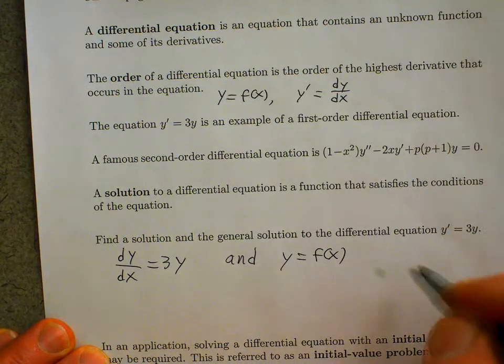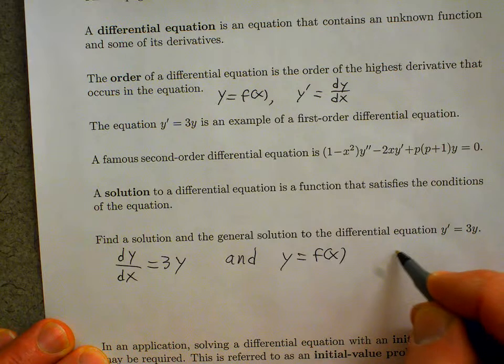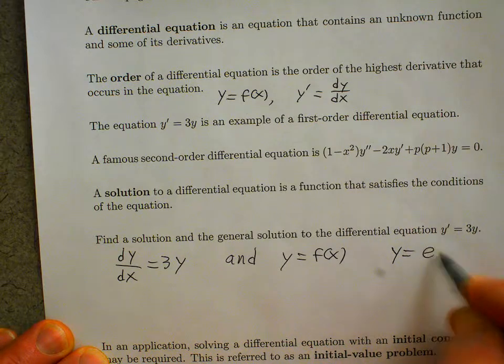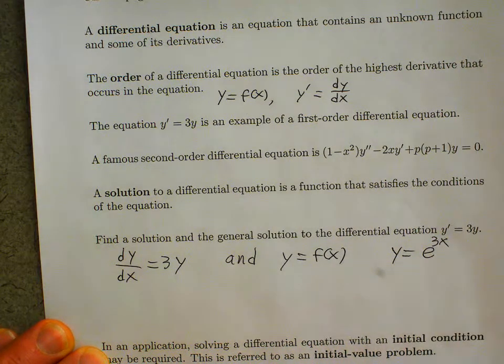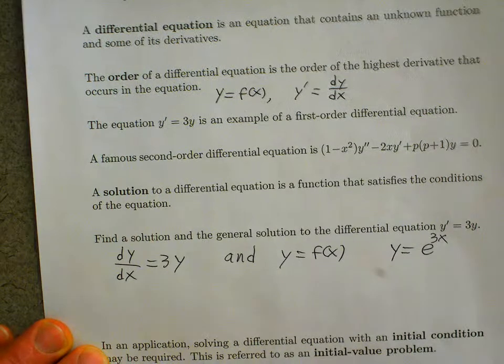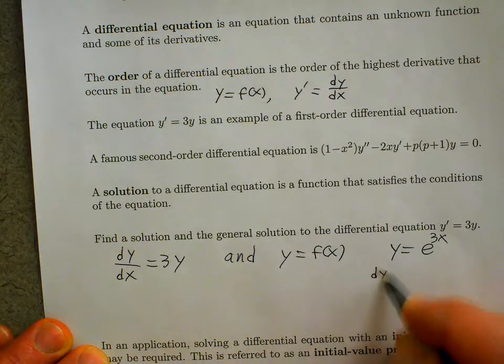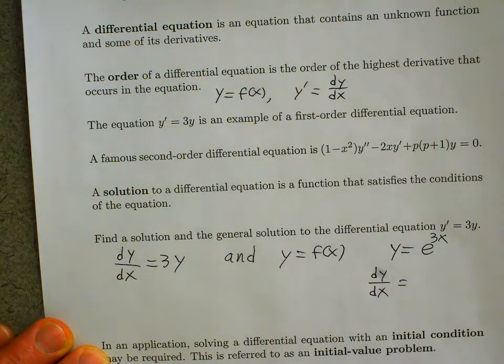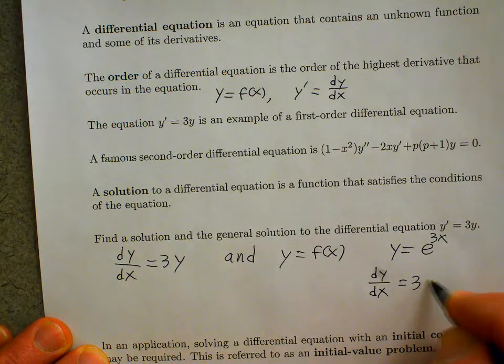How about this? I'll just make a suggestion. What if you have y equals e to the 3x? Then what's the derivative of y with respect to x? Three times e to the 3x.